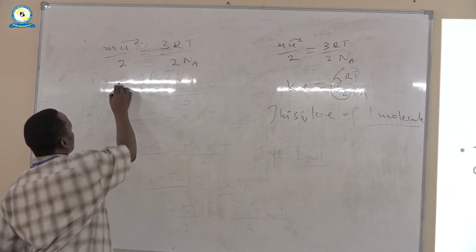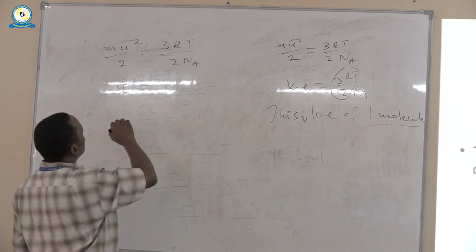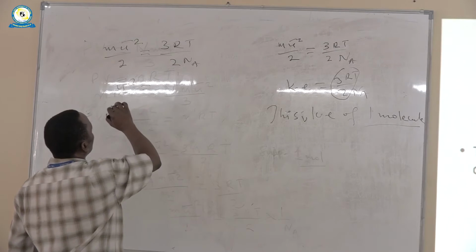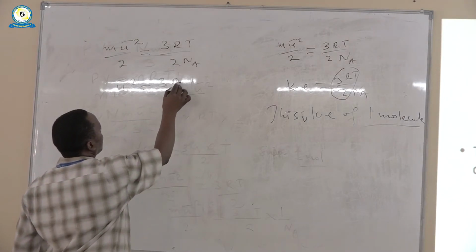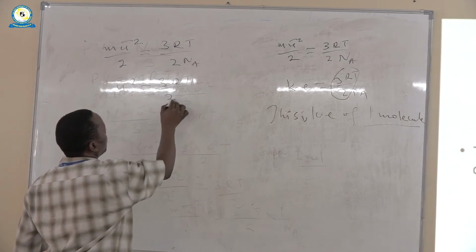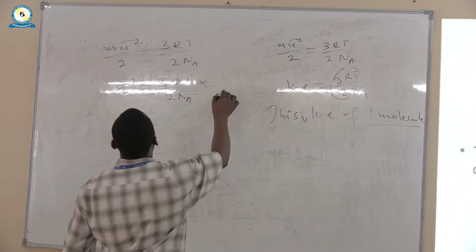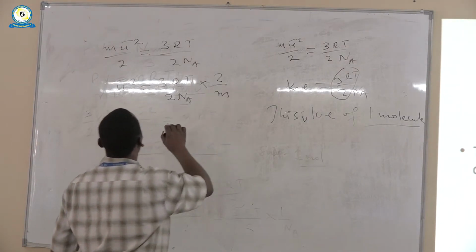So if we divide both sides by mass and then multiply by 2, we have 3RT over 2NA times 2 over mass.